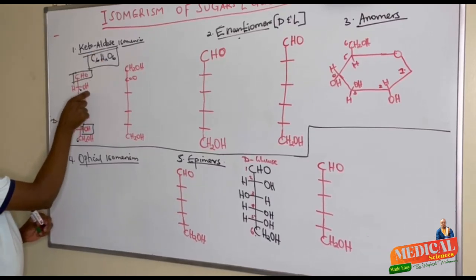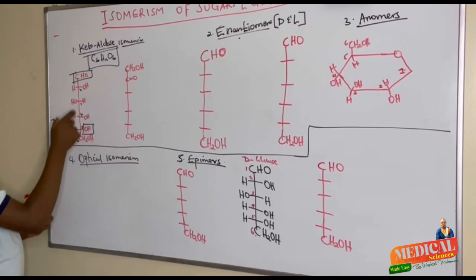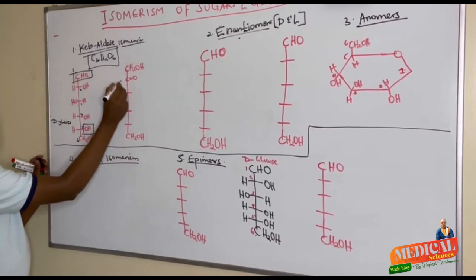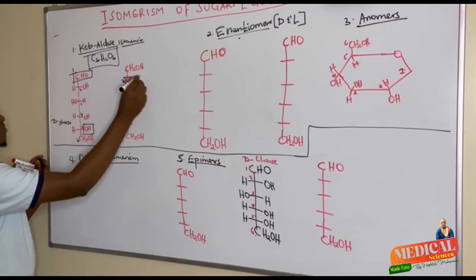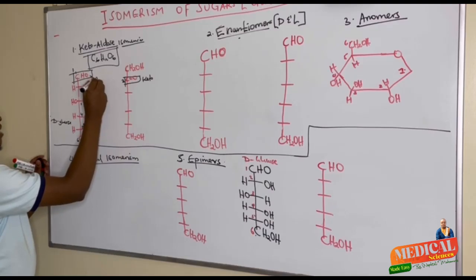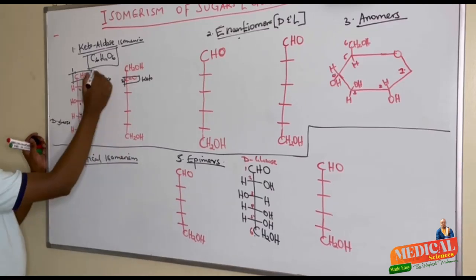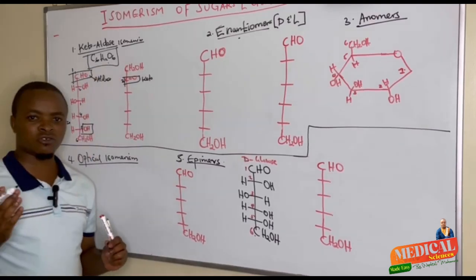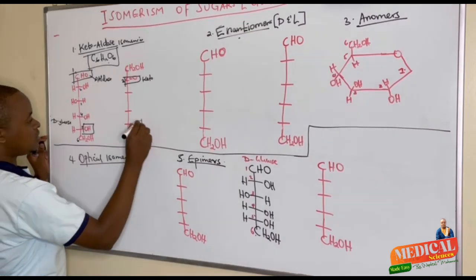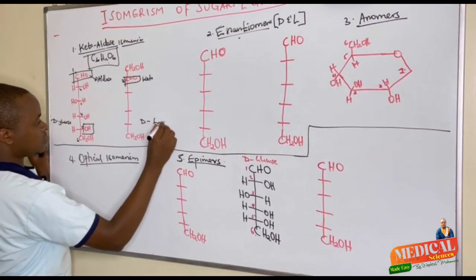that's why we call it an aldose sugar. But when we change the functional group from carbon number 1 to carbon number 2, it becomes a keto sugar, and this one is an aldose. Despite having the same molecular formula, this one is D-glucose and this one is D-fructose.